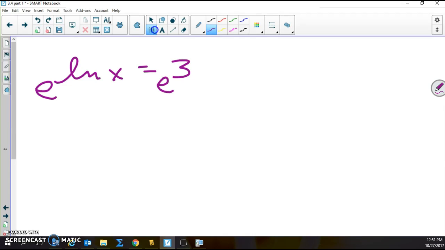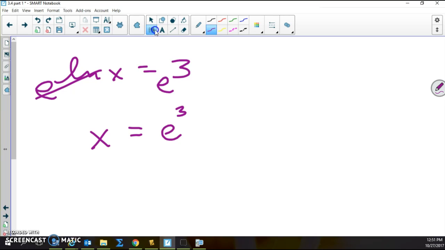On the left-hand side, e to the natural log, base e, those are inverses of each other, and we get x. On the right-hand side, in exponential form, we have e to the third power, which is a simple calculation on our graphing utilities.